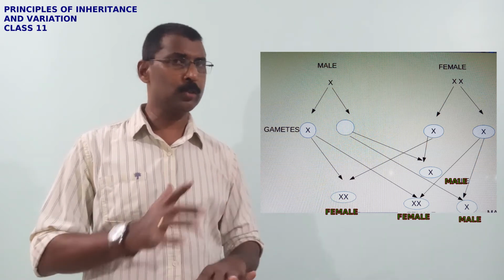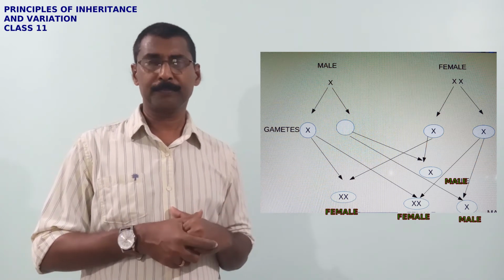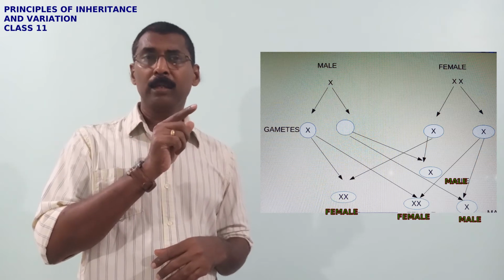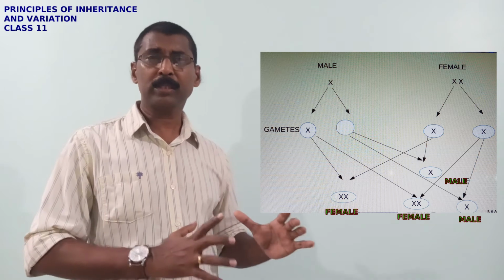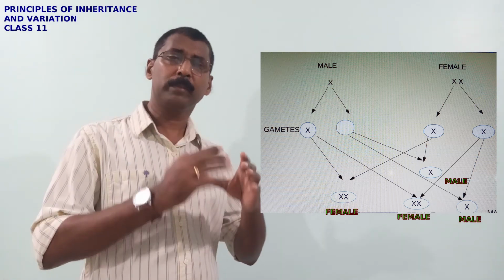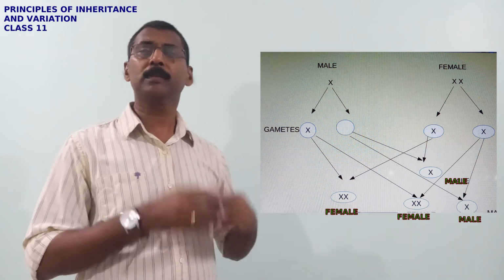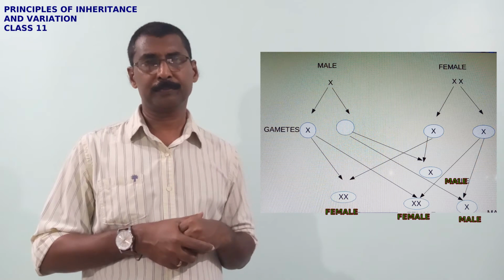Of course, they have autosomes, but X chromosome would be absent in those sperms because the male have only one X chromosome. During gametogenesis, this X chromosome enters into 50% of the sperms, and 50% of the sperms cannot get the X chromosome. They are without X chromosome.